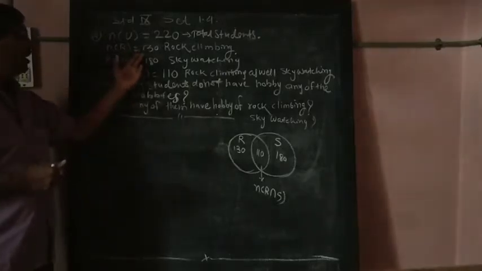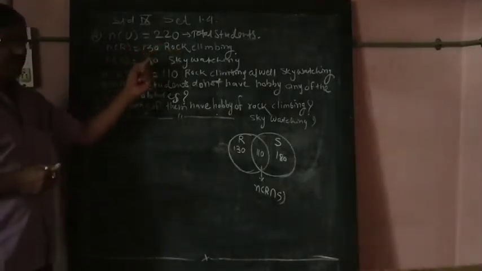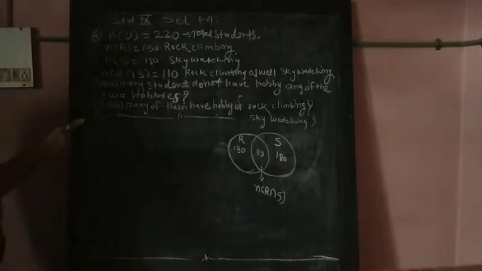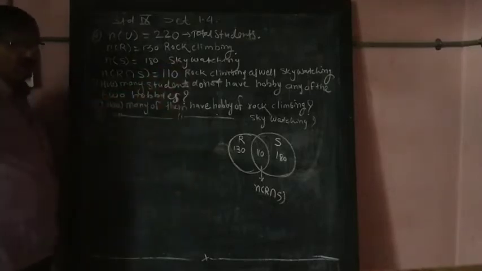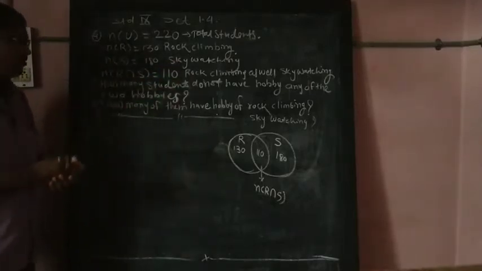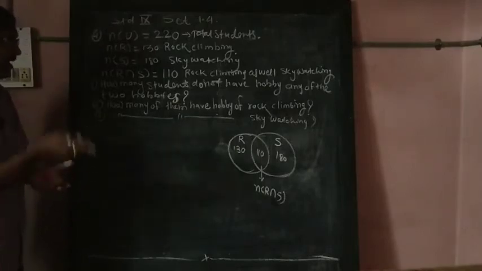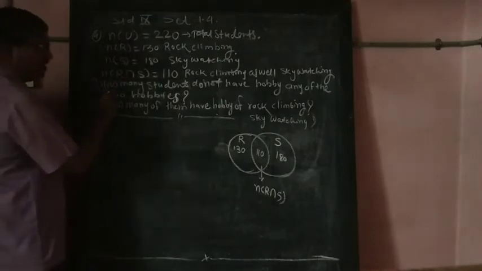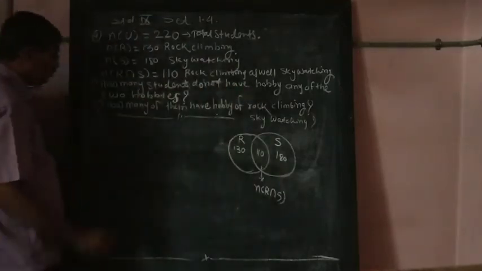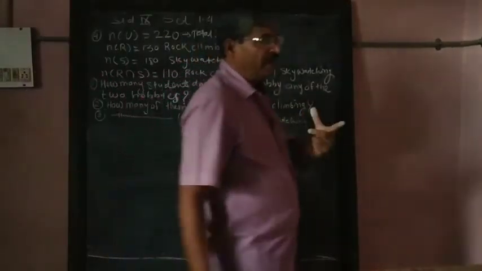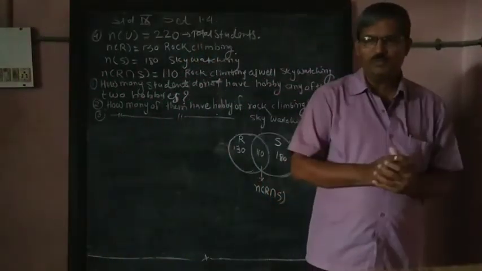Those who have the hobby of rock climbing number 130, and 180 students have the hobby of sky watching, and those who have both hobbies, rock climbing as well as sky watching, number 110. And the first question asked is: how many students do not have any one of the two hobbies?